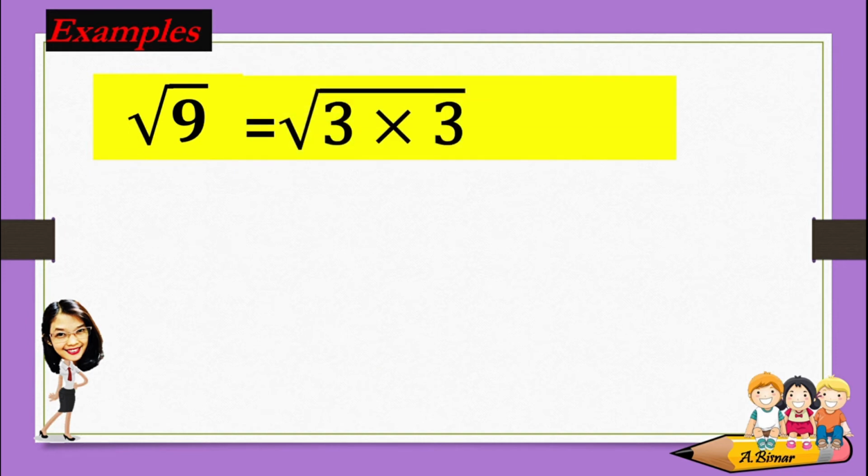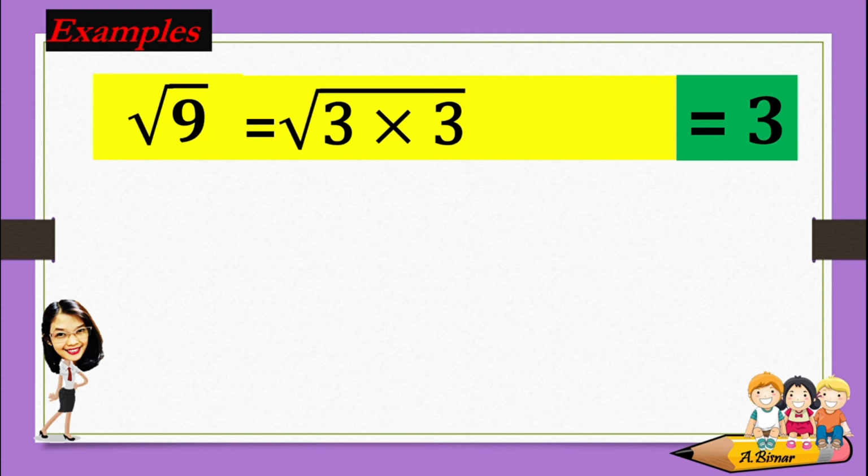So, we have 3 times 3. Because when you multiply 3 times 3, the answer is 9. Then, after having this, what will be the principal root? The principal root will be 3. This is because this is the number that when you multiply to itself, the answer is 9.